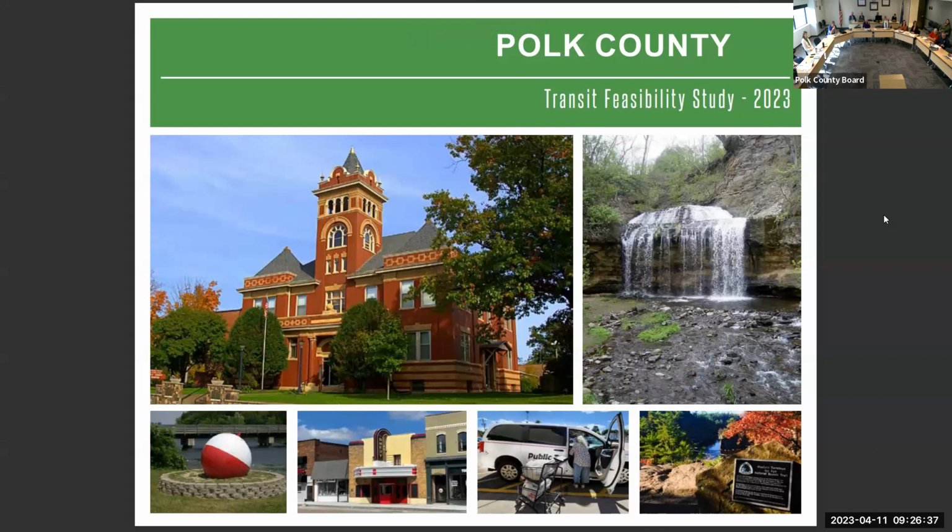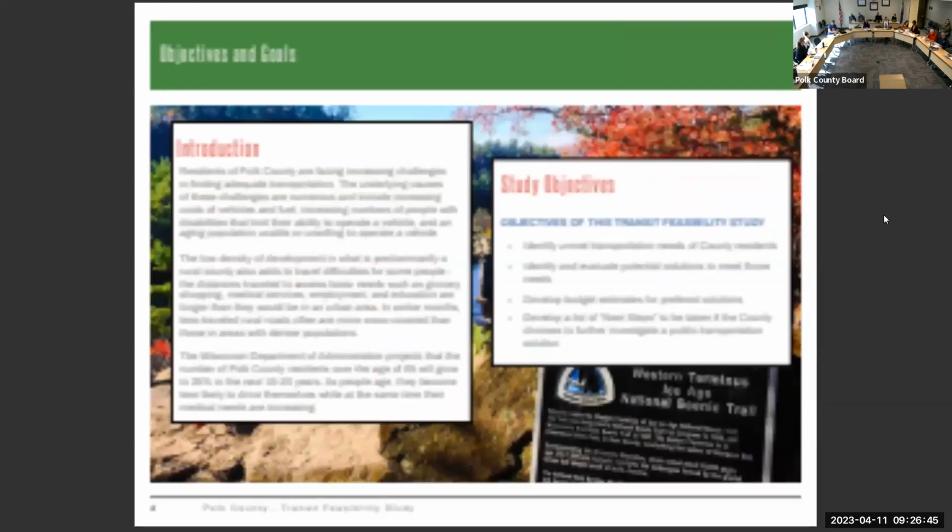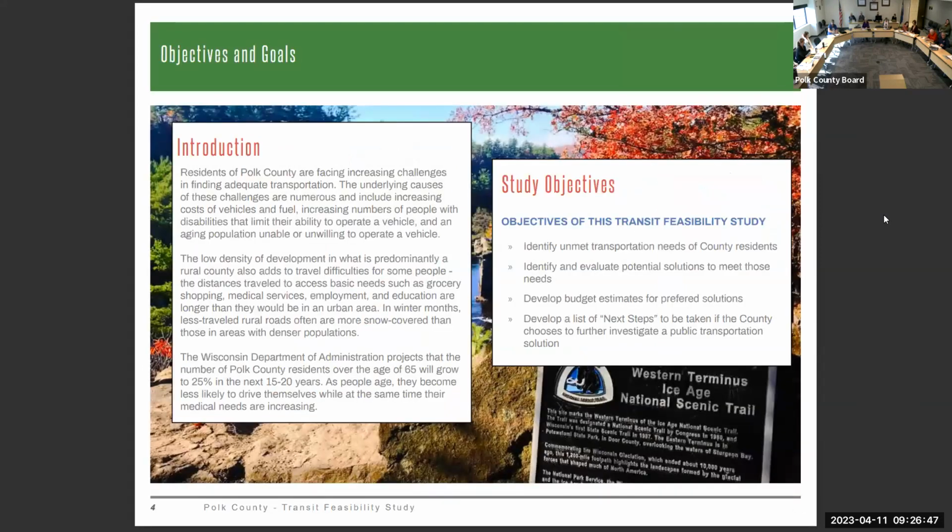And we were looking at, if we can go to page 4, the study objectives: to identify unmet transit needs, transportation needs, identify and evaluate potential solutions to meet those needs, develop some budget estimates for the preferred solutions, and to develop a list of next steps to be taken if the county decides to move forward with any of the options.